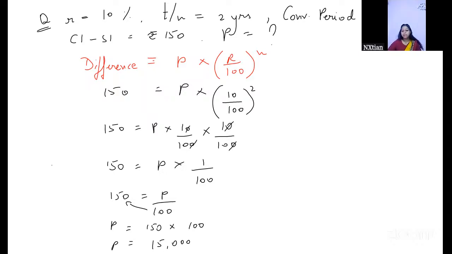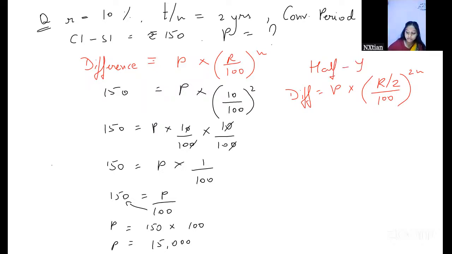Now, for this difference formula, if my compounding is done half yearly, where this was annually, the formula becomes difference equals P into (R by 2 by 100) raised to the power 2n.